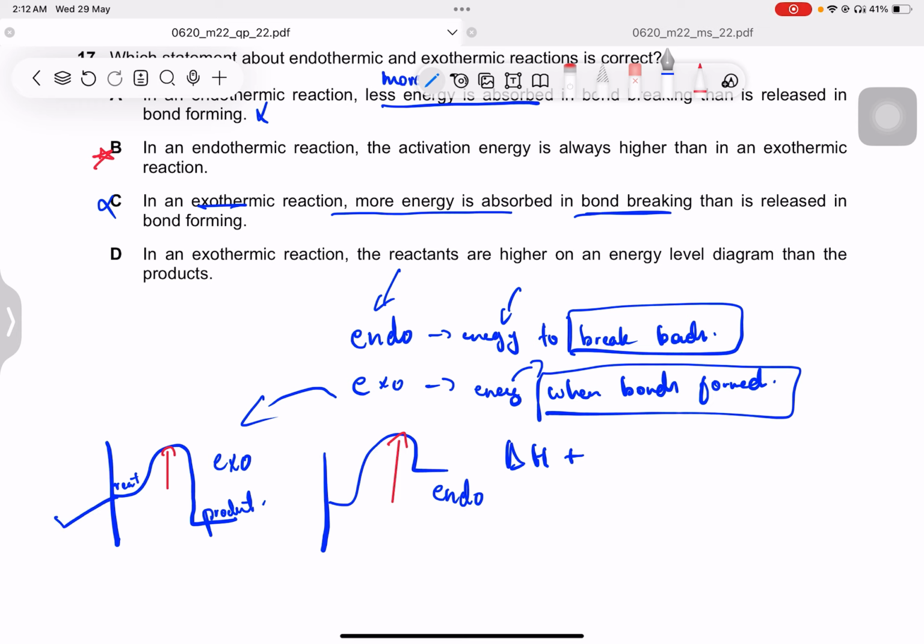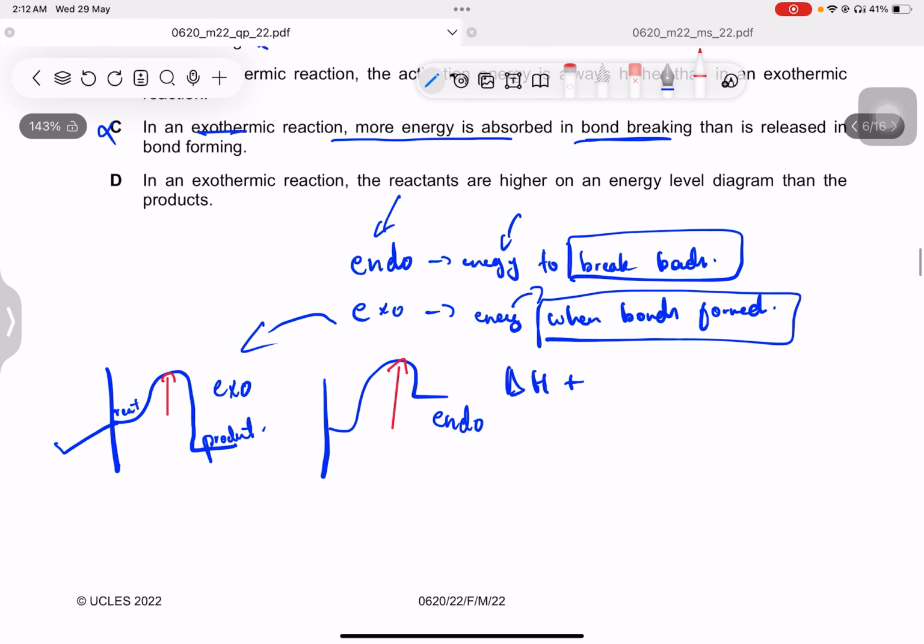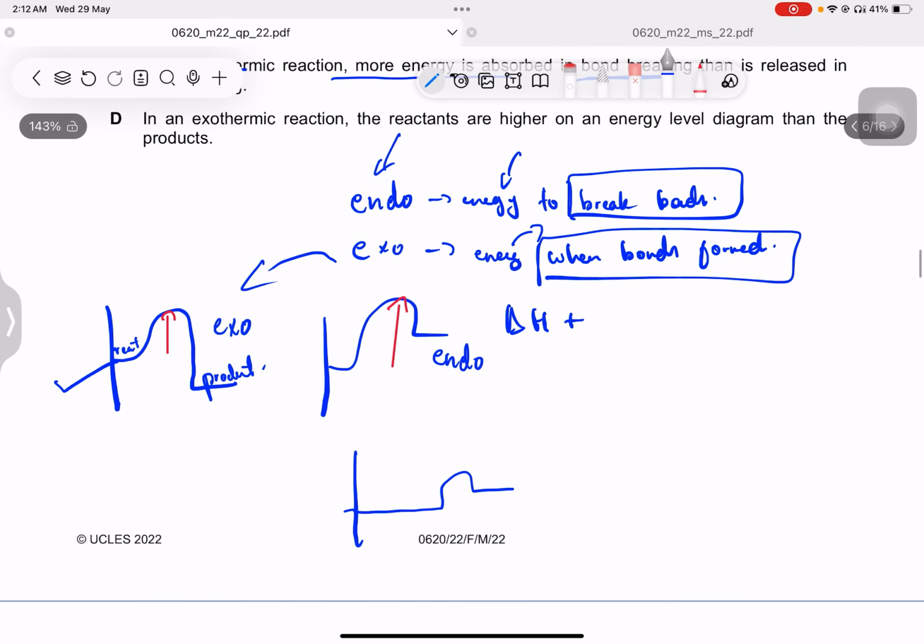This can vary. We can have either like this, or this can be an endothermic reaction and an exothermic can be like this, or maybe it can be like this.